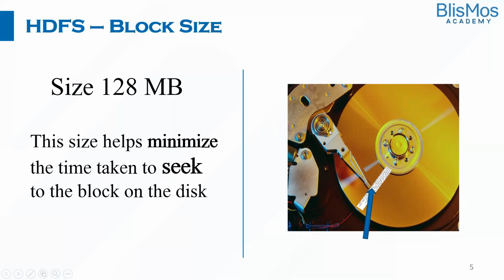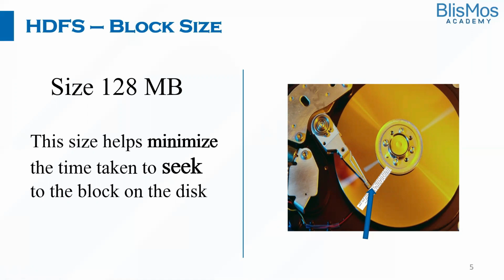Whatever data we need, which is stored, will not be found just like that. It has to go and seek. If we have to seek particular data, because the data is partitioned, split into smaller chunks, and you have to go and locate it, it seems that if you store the data in blocks of 128 MB, the time taken to seek the data on a disk is optimized or minimized.